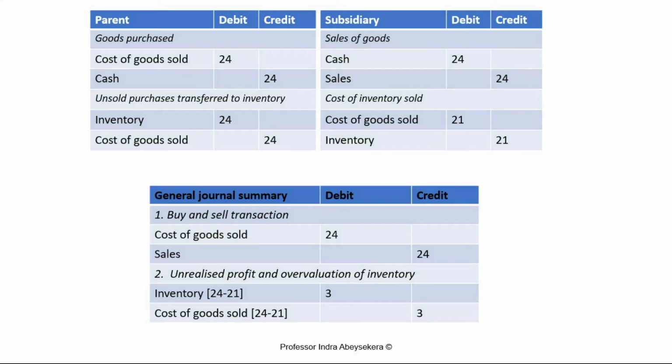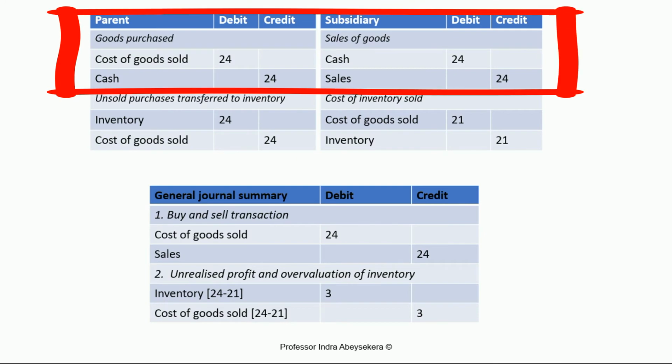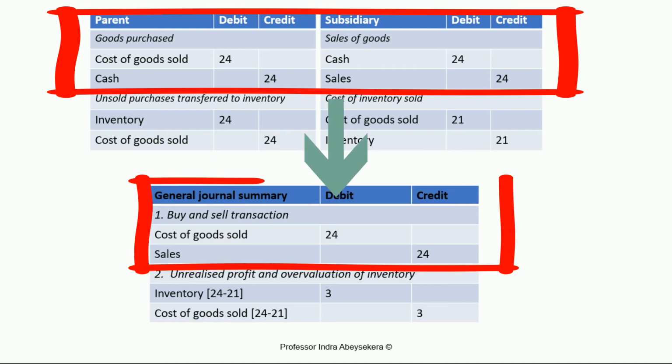If we look at the first two lines of the journal entries of parent and subsidiary, cash cancels out. What's remaining is credit sales and debit cost of goods sold. That is now summarized by combining the two sets of general journal entries as the buy and sell transaction: debit cost of goods sold and credit sales, 24 million each.